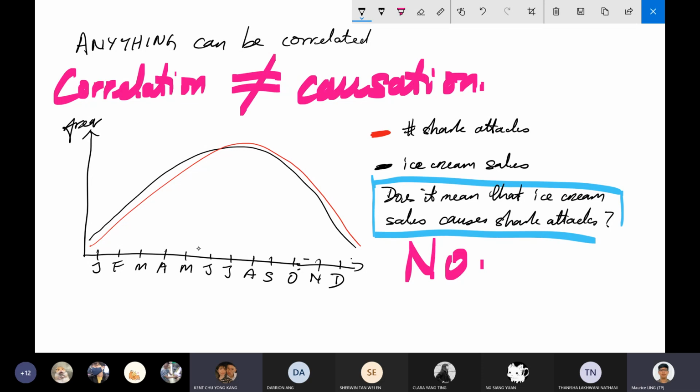Yeah, so you look at here, May to about September, this is the summer season. In the Northern Hemisphere, summer is when people buy more ice cream because it's hot, it's warm, and they go to the beach. So the underlying idea is summer. You are going to places where more shark attacks happen. So please take note of this.